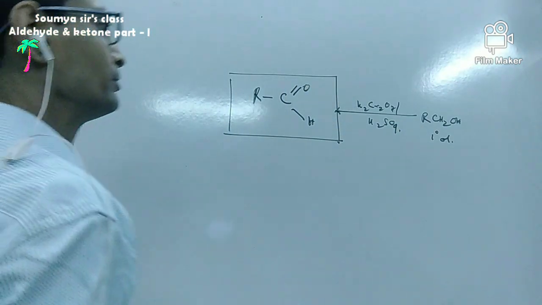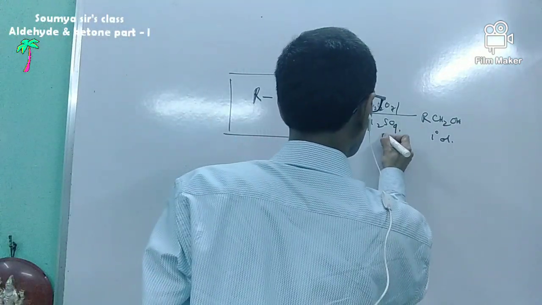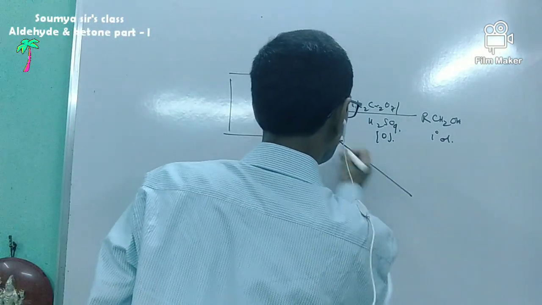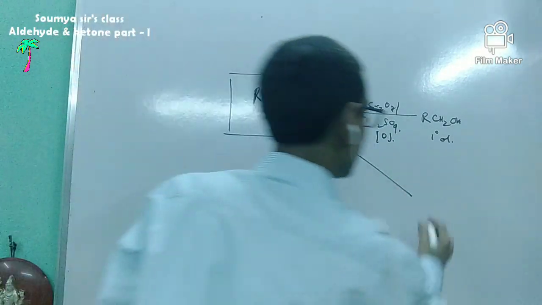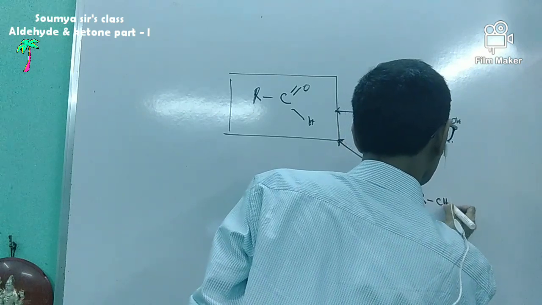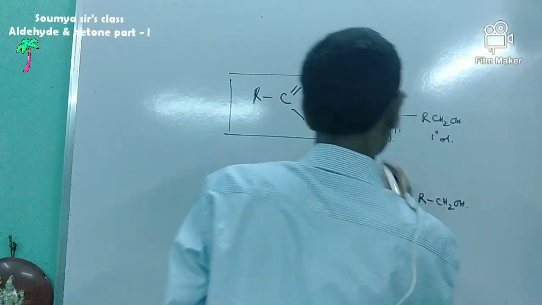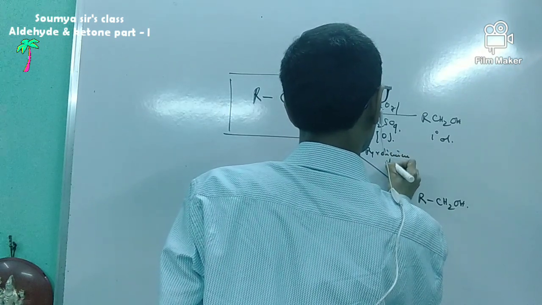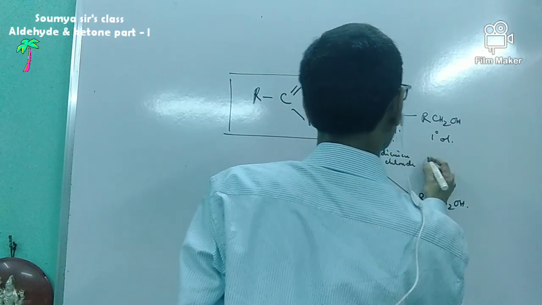Similarly, it can be done with a mild oxidizing agent, that is pyridinium chlorochromate, and it is commonly called PCC.